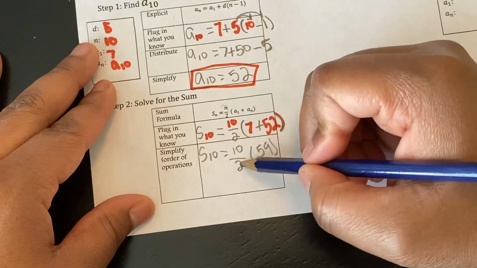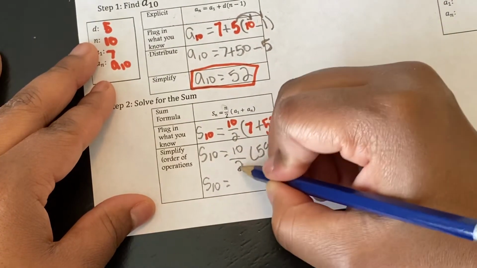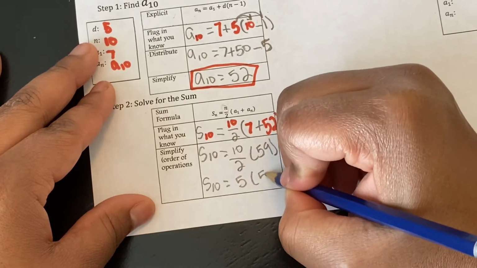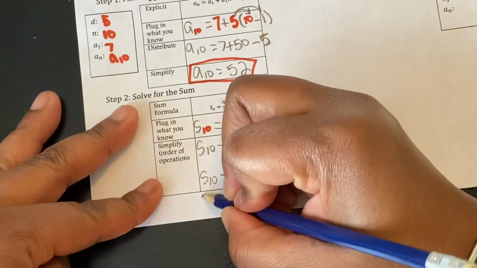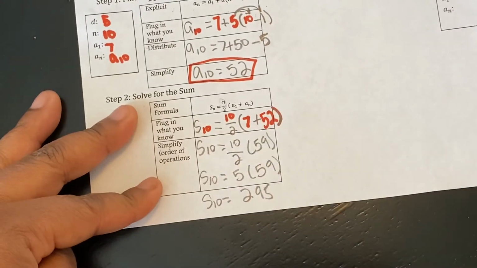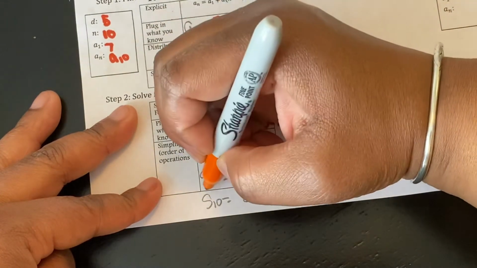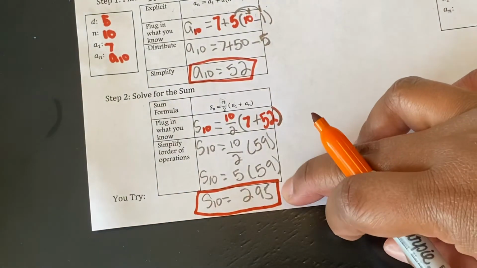Now I'm going to do 10 divided by 2, which is 5, times 59. And 5 times 59 equals 295. So if I add up the first 10 terms of that sequence, it all adds up to 295.